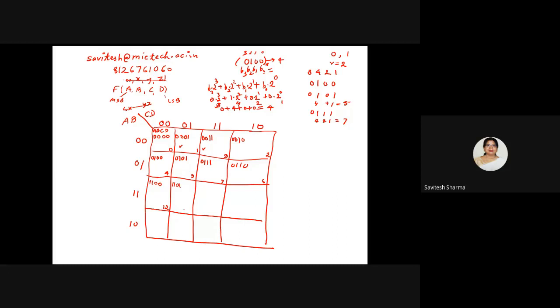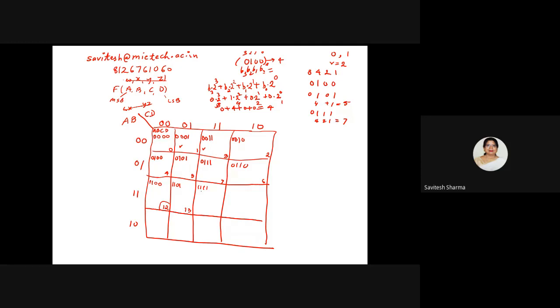Now tell me, 13. 8 plus 4 plus 1, 13. So no need to write this here. I am only writing here for explanation. While solving the problem, please write only the cell numbers. No need to show this thing. I am just showing you for explanation.